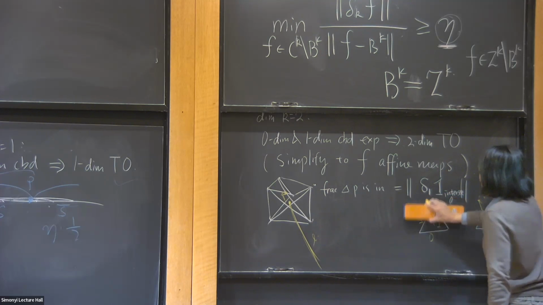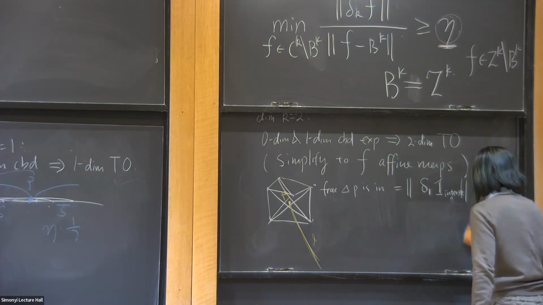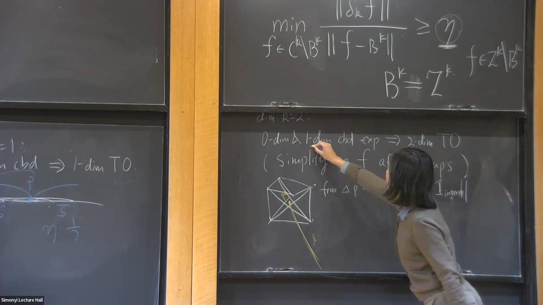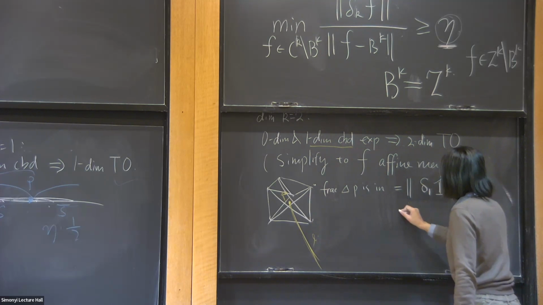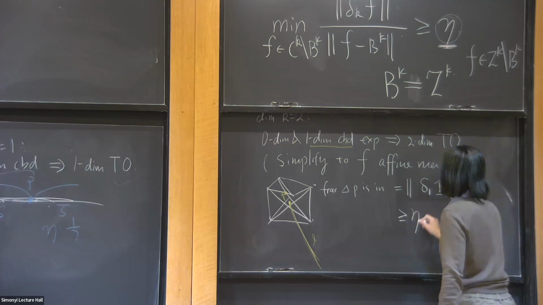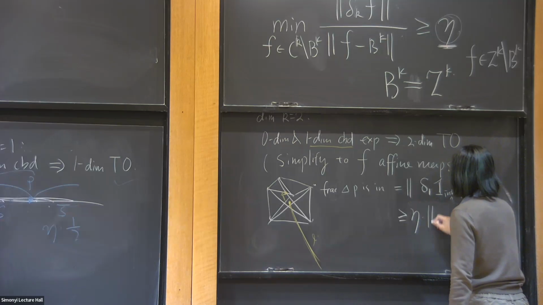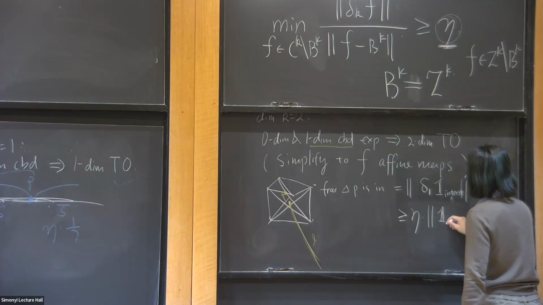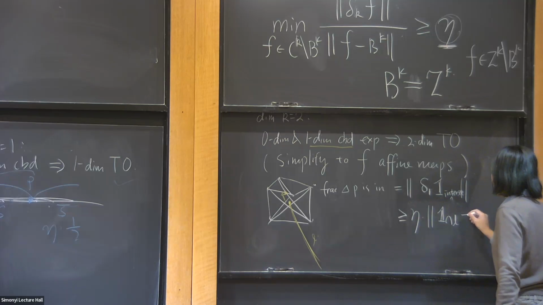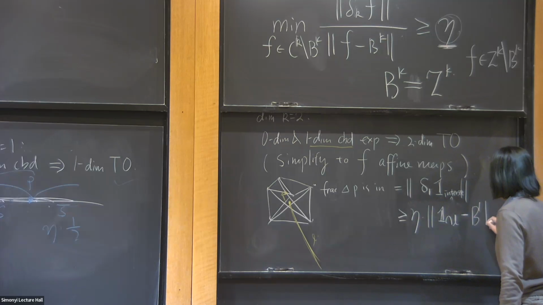This is good because we can now use one-dimensional coboundary expansion. We know that this is greater or equal to some eta times the distance from this intersection-with-L function to B1.